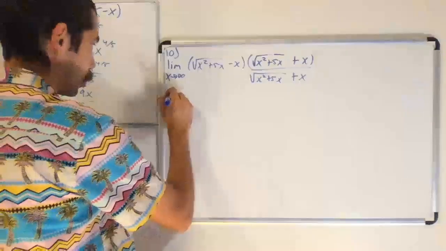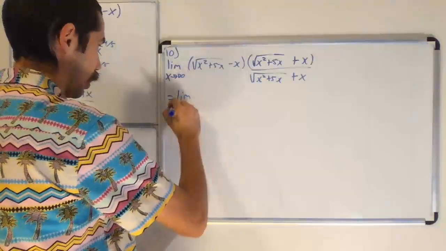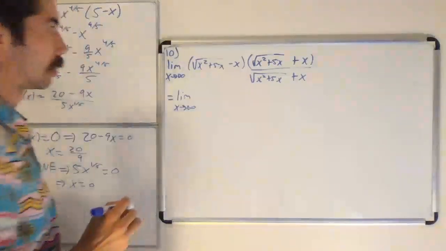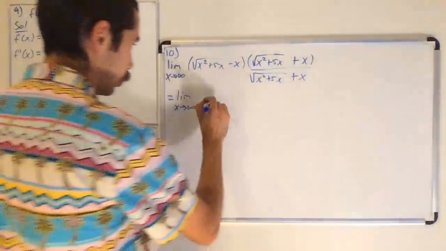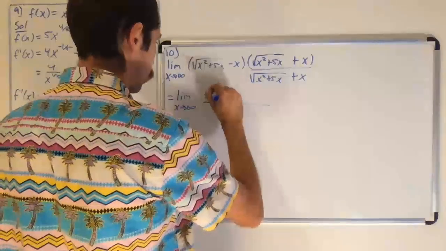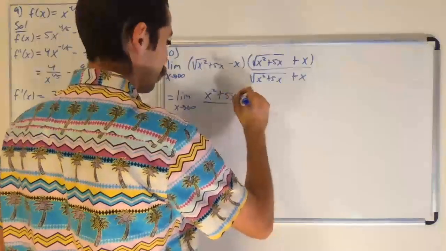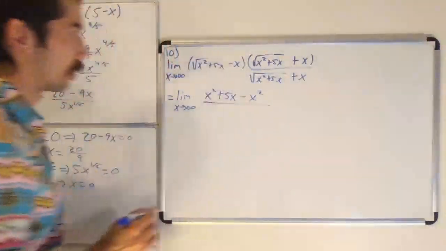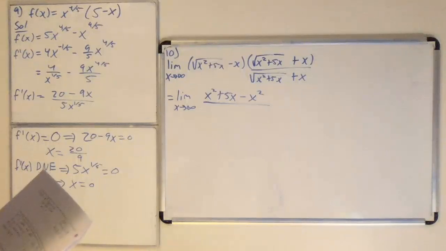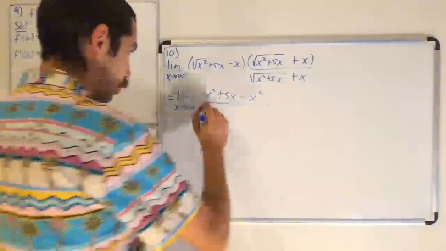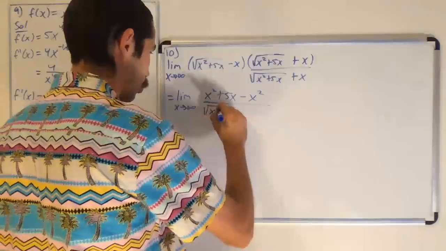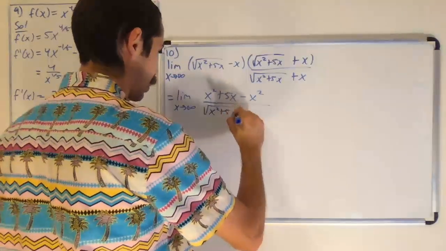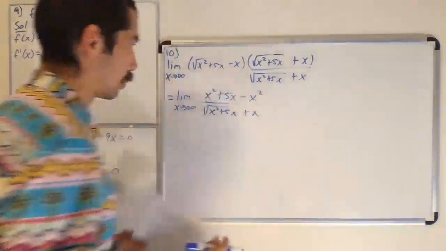Okay, so this is equal to the limit as x goes to infinity. The numerator is x squared plus 5x minus x squared. And our denominator is the square root of x squared plus 5x plus x.